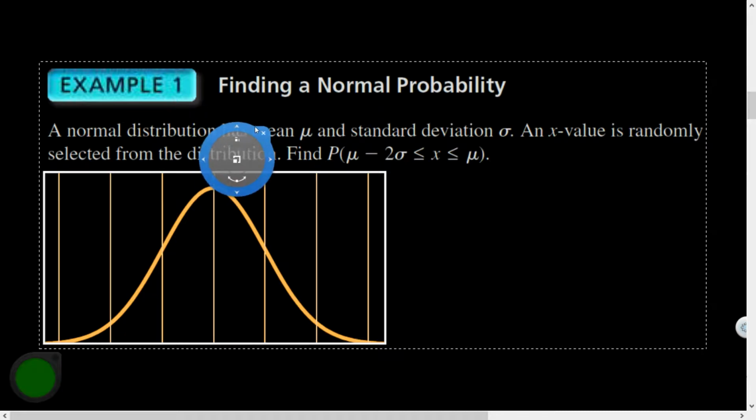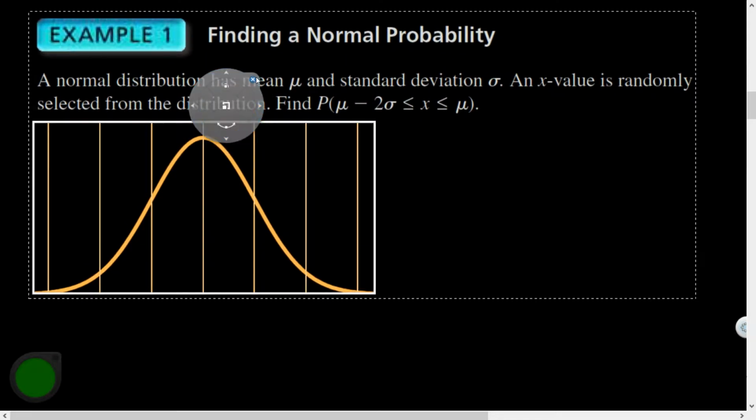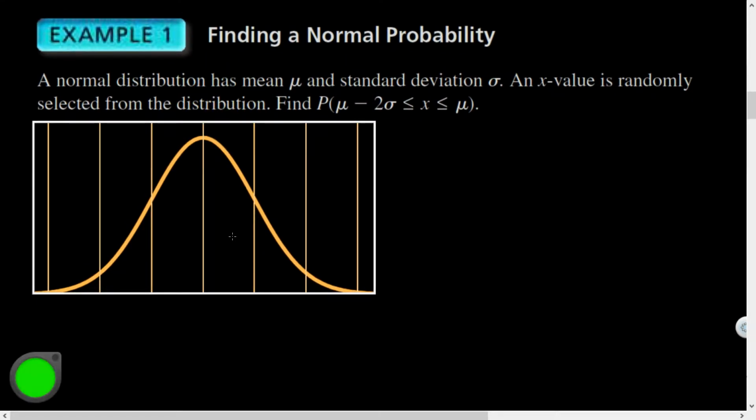So how do I use those probabilities? Look at this. I've given you a nice little graph to work with. It says normal distribution has a mean mu and a standard deviation sigma. Sometimes we'll be given numbers, sometimes we'll be given the general representations. It says an x value is randomly selected from the distribution.